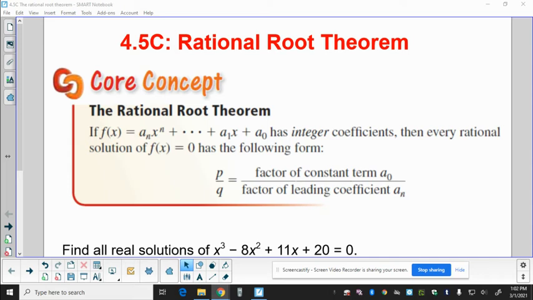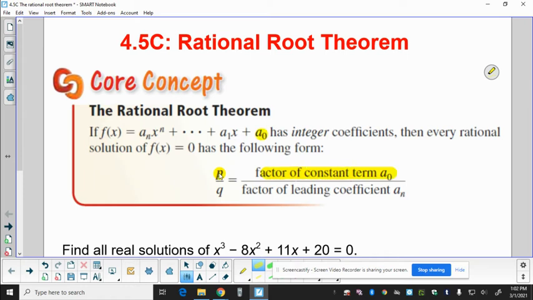So you can see the rational root theorem is here in front of us. And it's important to denote this ratio of P over Q. So what we want to do is we want to come up with P, which are the factors of the constant term A0.